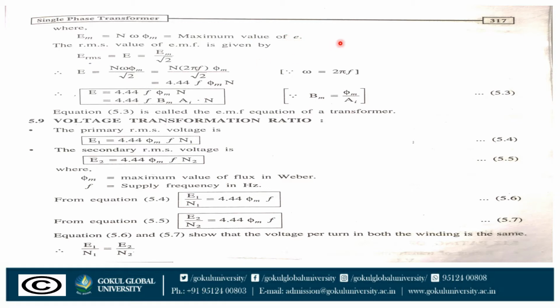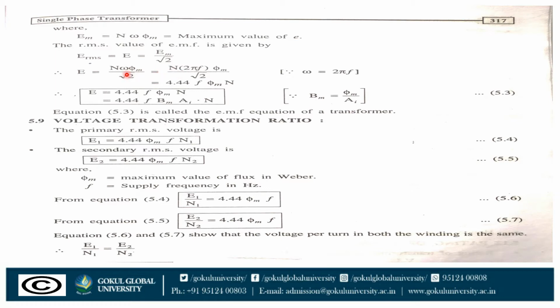Now we want to find the value of the EMF in RMS. The RMS value of the EMF is given by E RMS, capital E, equals Em by root 2. Now put the value of Em, so E equals n omega phi m by root 2.